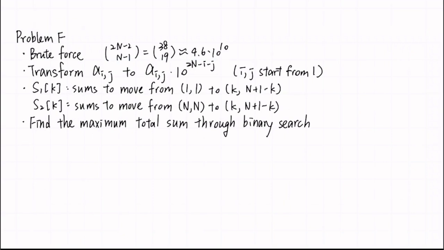For this problem, we cannot simply brute force, because this would take too long, since it would be equal to choosing n minus 1 from 2n minus 2, because there are n minus 1 steps to the right and n minus 1 steps down, and we need to choose the order of n minus 1 from these 2n minus 2.